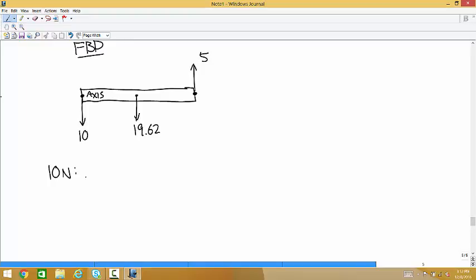So the 10 Newton force, what's the moment produced by that force? 0, because it's acting at the axis. Now the weight.